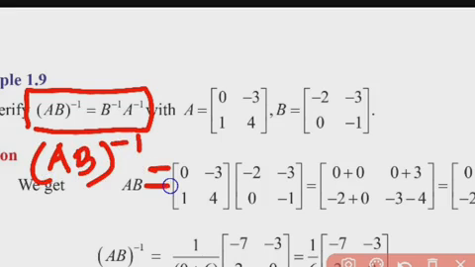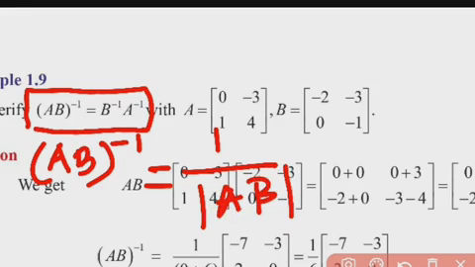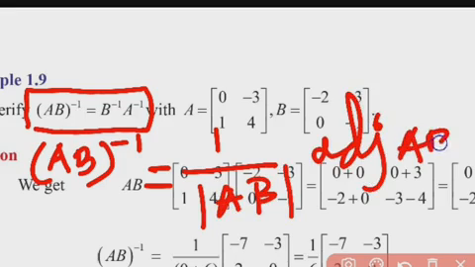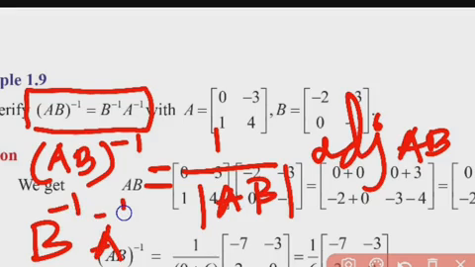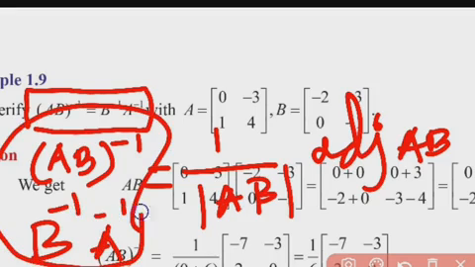So whole inverse means 1 by determinant of AB, into adjoint of AB. This is (AB) whole inverse. Next, B inverse and A inverse values. We are going to verify whether these two values are equal or not.